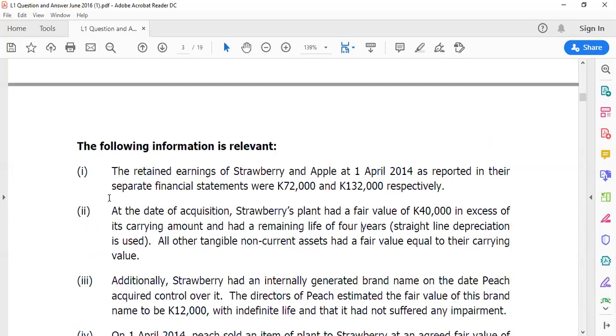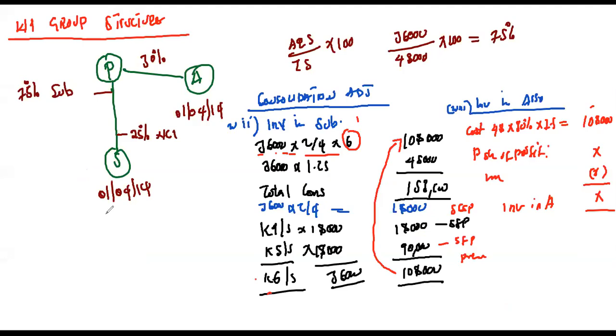Okay, let's go. So here the group accounts is a bonus in the exam. Note number 1, what does it say? It says the retained earnings of Strawberry and Apple at 1st April 2014, as reported in their separate financial statements, were 72 for Strawberry and 132 for Apple. Some people are very forgetful. So I advise in the exam, just bring it here per group structure.